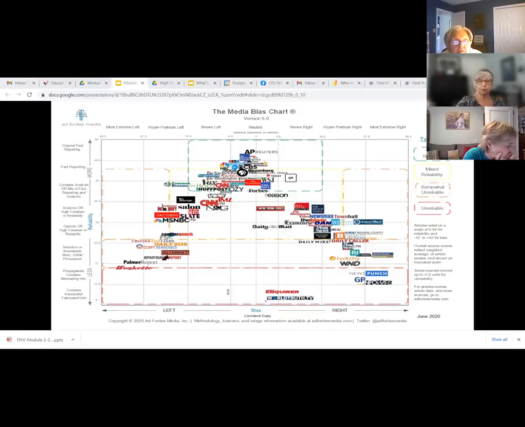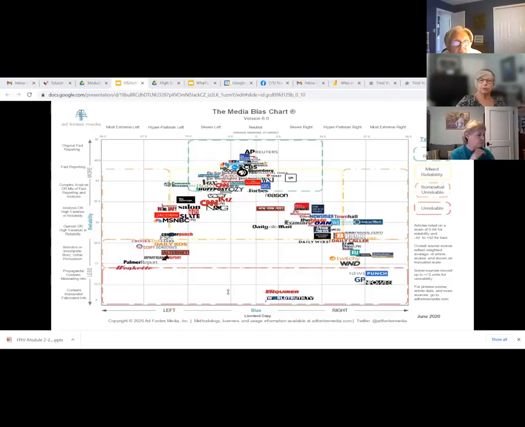Their opinion is that the most extreme left source is Wonkette, and the most extreme right sources, and there are two that seem to be pretty much the same, are Punch and InfoWars. The green dotted box at the top and the middle of this graph indicates their analysis of the most reliable resources, meaning they have original fact reporting and complex analysis based on those facts.